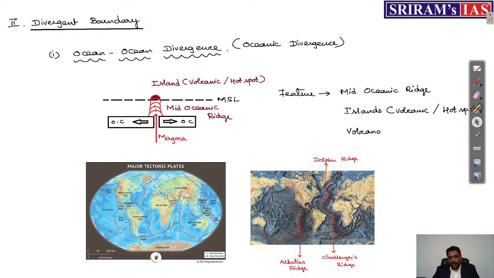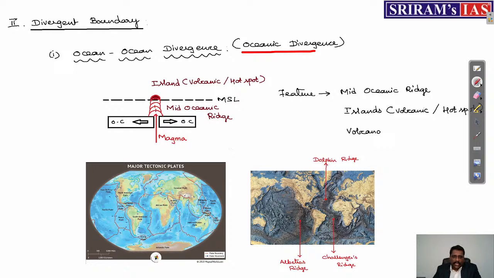Right. Now, all these convergent boundaries we have taken. Now coming to divergent boundary. Among the divergent boundaries, which is the most common? The most common divergent boundary is oceanic divergence, that is ocean-ocean divergence. Both sides I will be having oceanic plate.